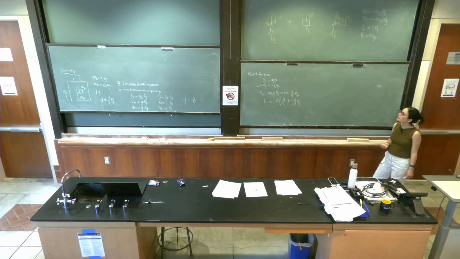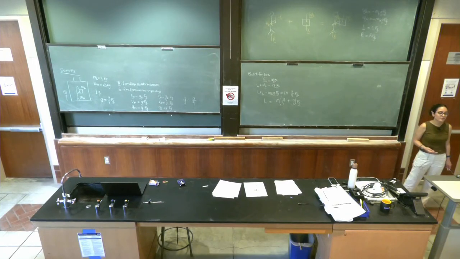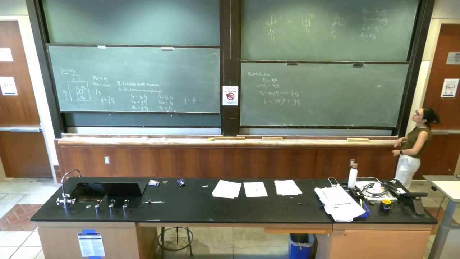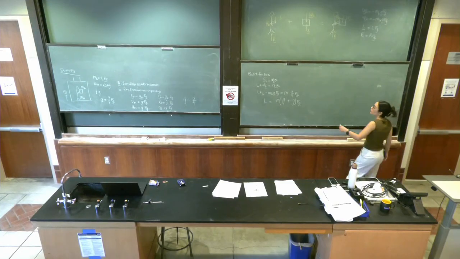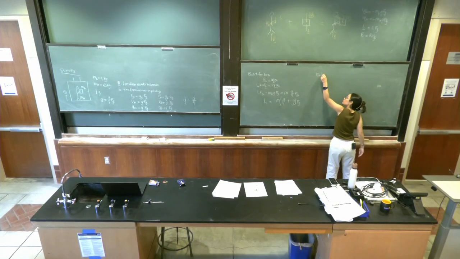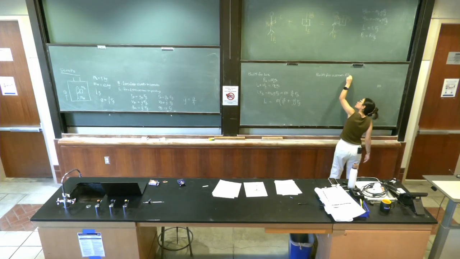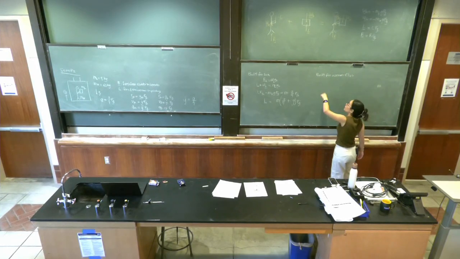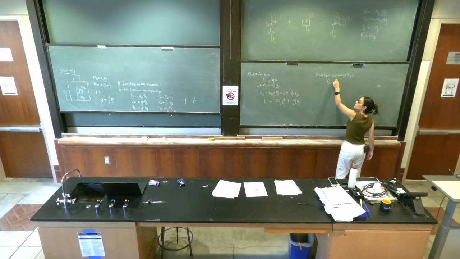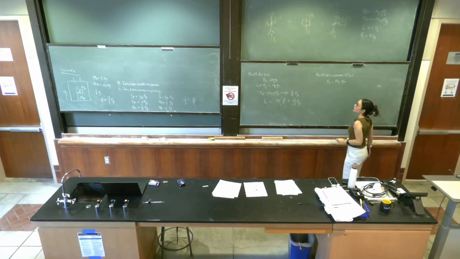I can also get R. Any questions? How do I get R? Yes, I can consider the woman and the box together. So F for the system is equal to the mass times the acceleration.